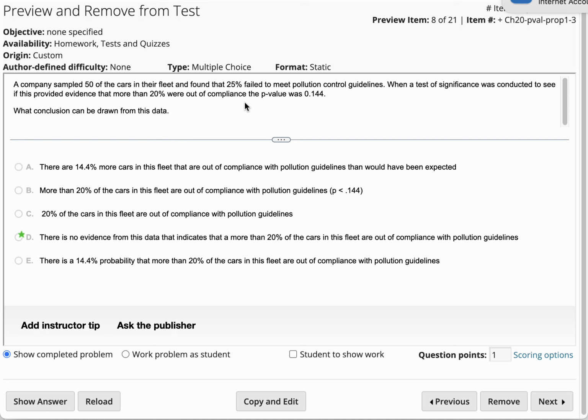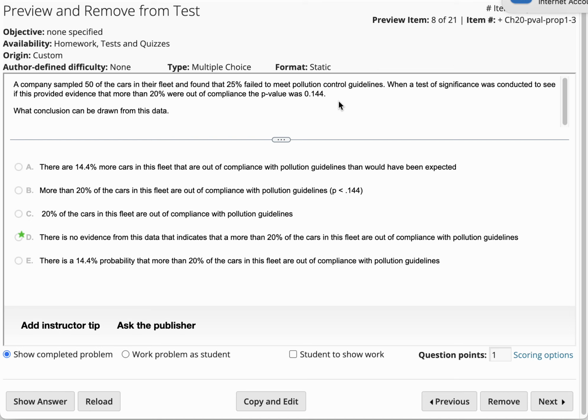So the alternative would be more than 20%. But unfortunately, that test of significance had a p-value that was not less than 0.05.